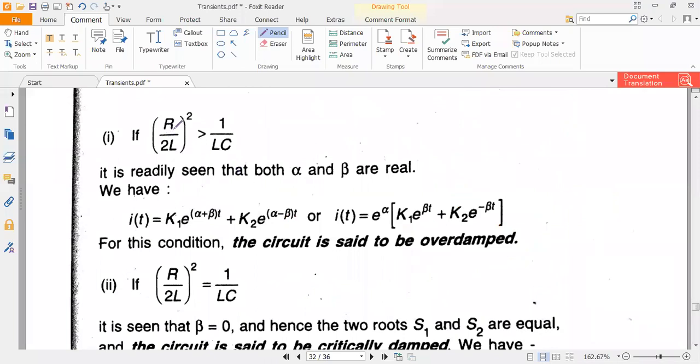See, in the first case, r by 2l whole square is greater than 1 by lc.